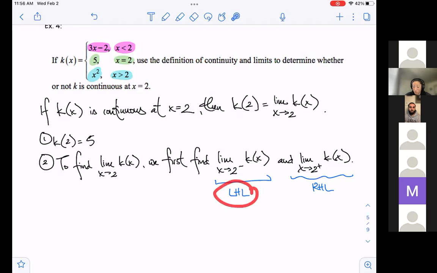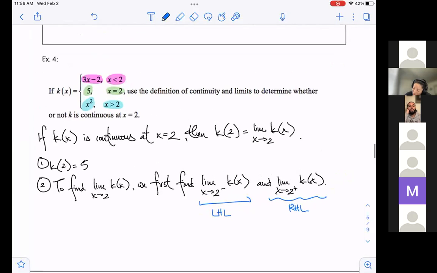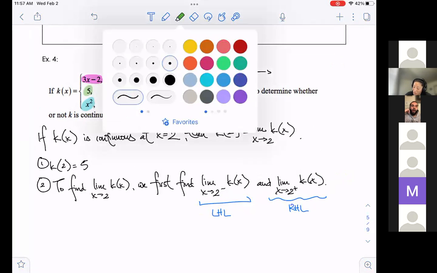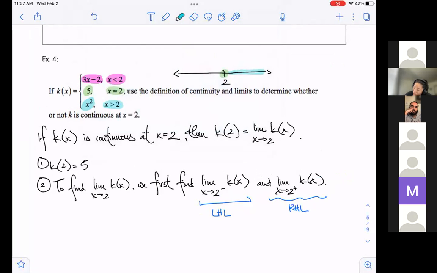What's to the left of 2 is all the things smaller than 2. In fact, if I were to think about this on a number line, this is 2, I would say that at 2, I would use the green. But if it's bigger than 2, I'm going to use the blue one. And if it's less than 2, I use the one to the left. Right? And this tells us left-hand limit, right-hand limit, and k of 2.